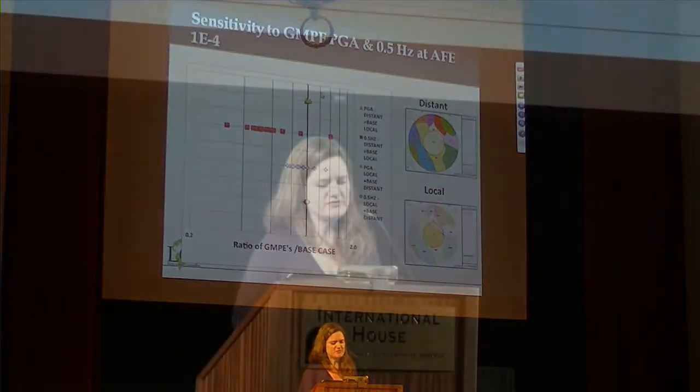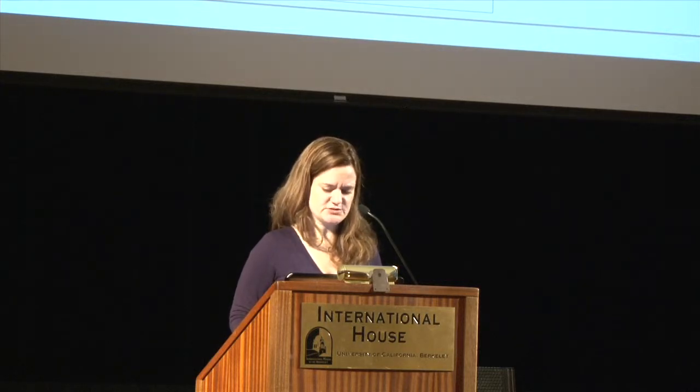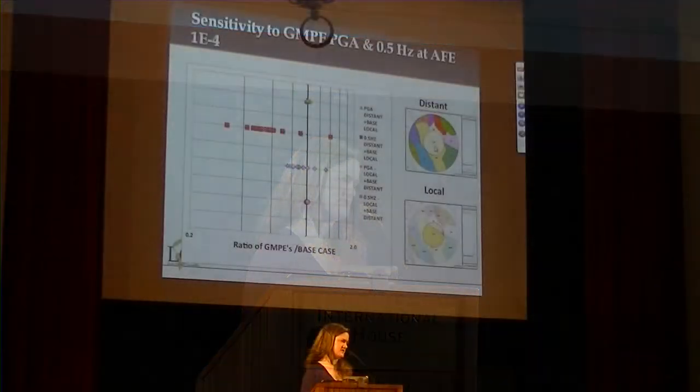How this was performed was that the individual GMPEs were run for the distance between 200 and 400 kilometers, and they were combined with the base case for the near source effects.